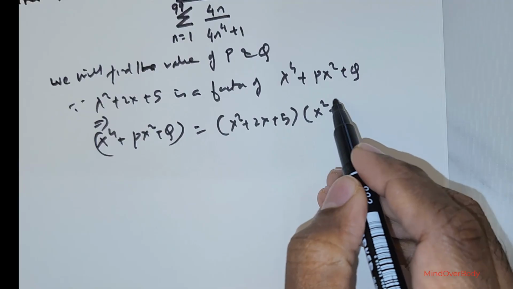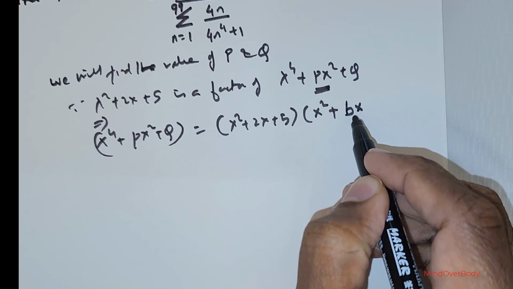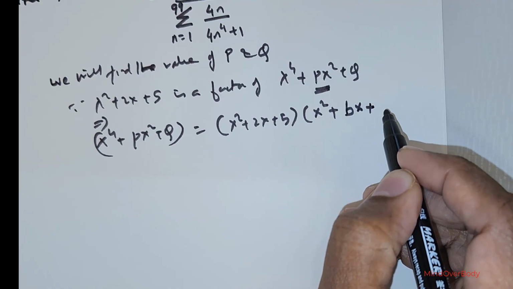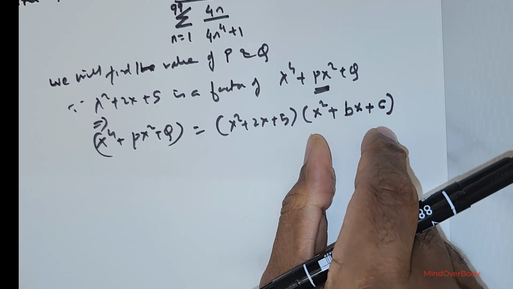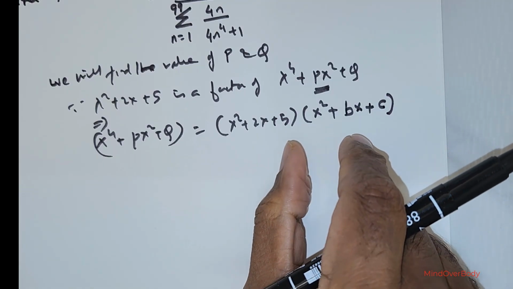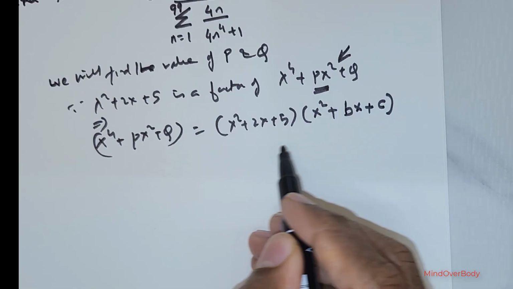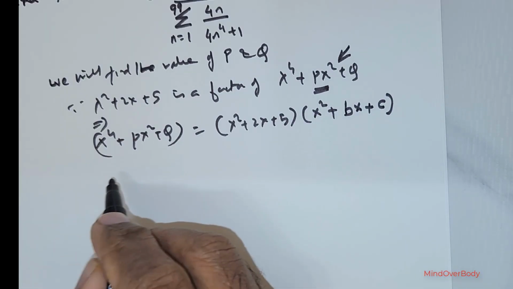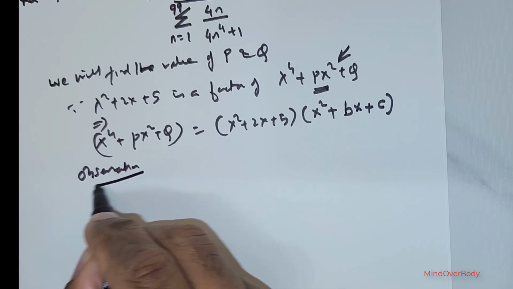Now we need to have an x component here, a b term there, and the constant is going to be c. So this would be the form that we are looking at, right?